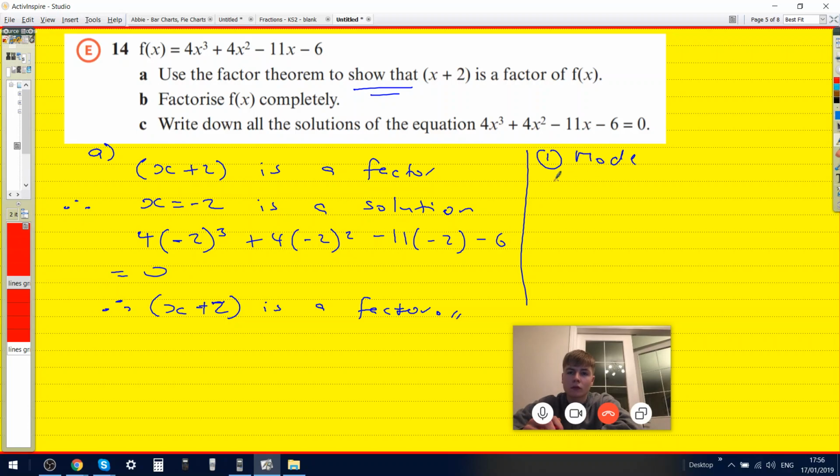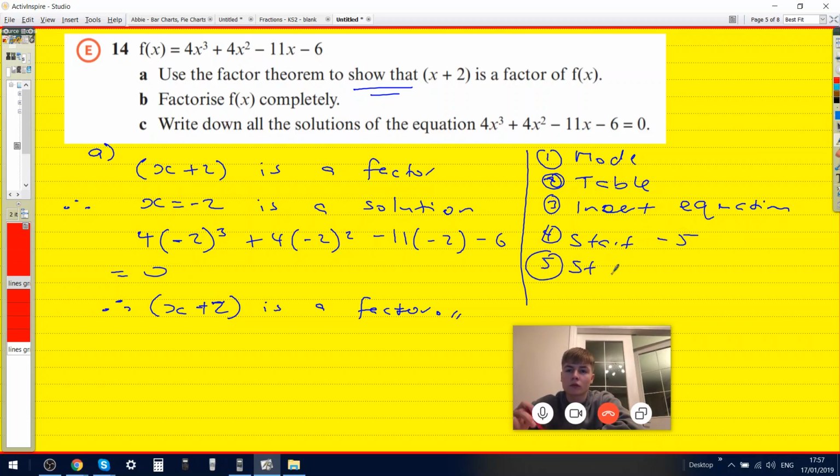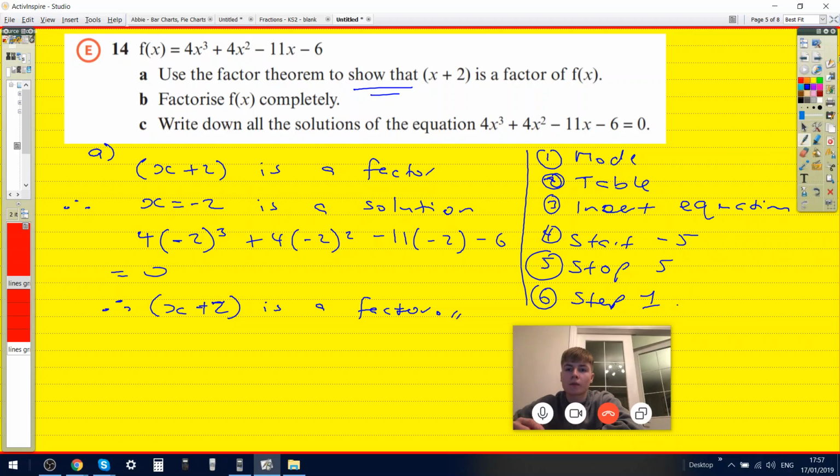So like mode, table, insert, type in the equation, and best to start at -5 and stop at +5, because any more than that the calculator can't handle it. Right, yeah. Step 1.